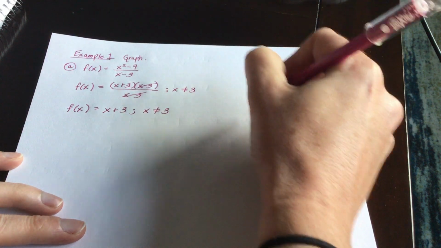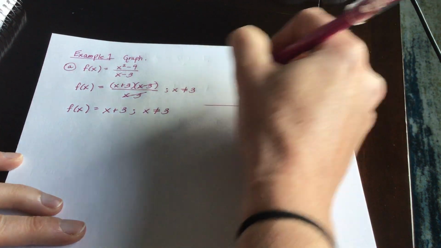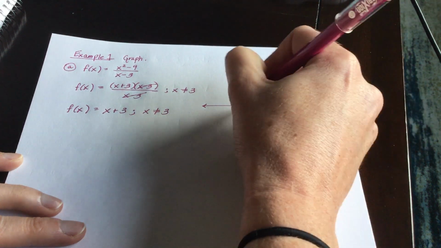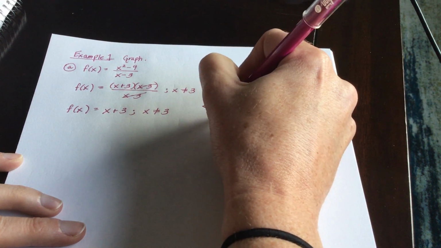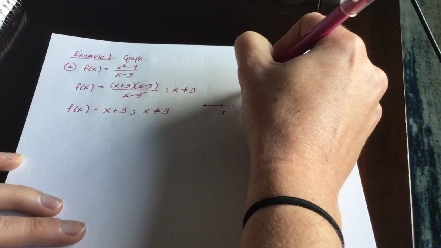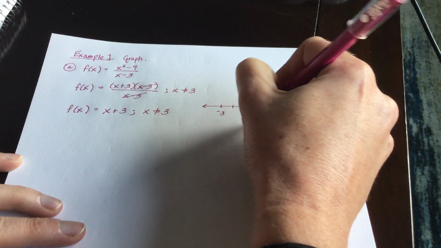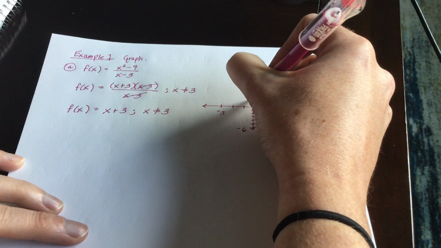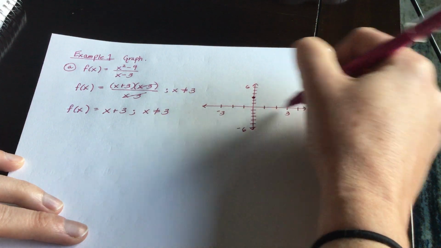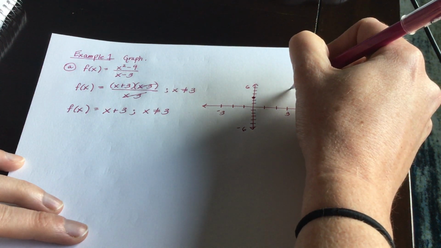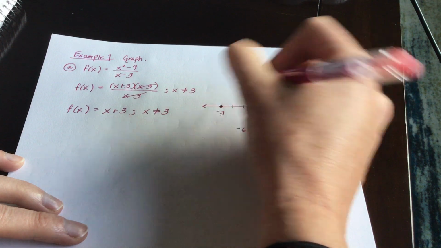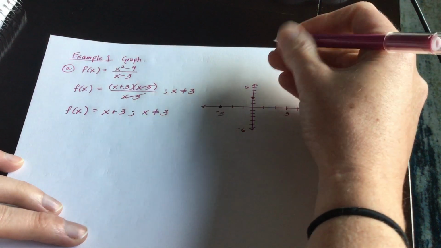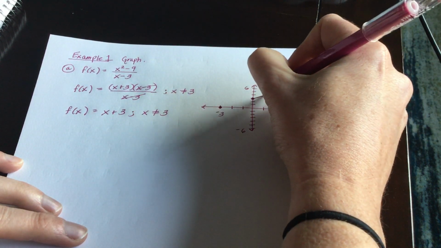So when you graph this, you have just a line graph, y-intercept of 3, slope of 1. I did make my scale kind of funny, but this would be a slope of 1. And so it would be this line graph except right at x equaling 3. So you'd have a little infinitely small hole.